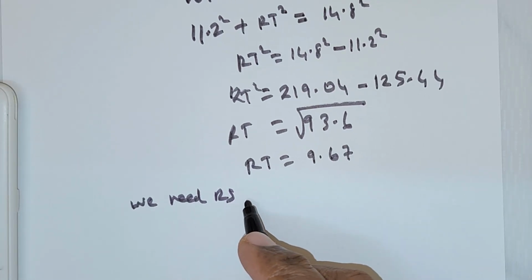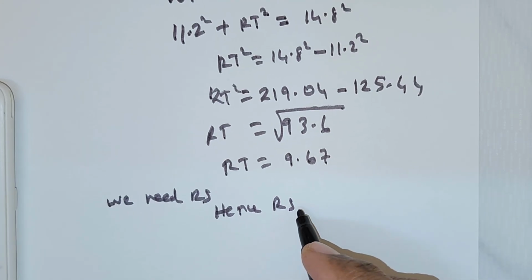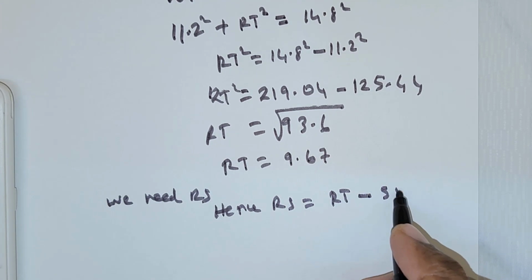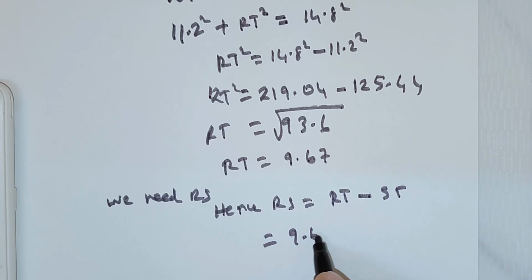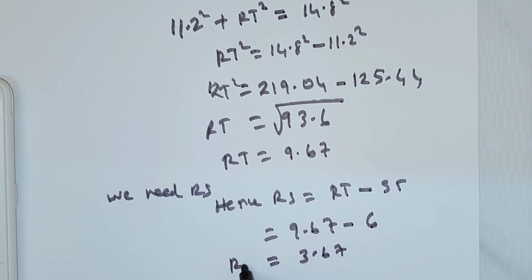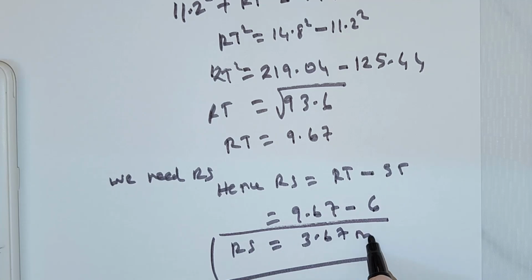But what is RS? RS is actually from RT you take away ST, so that would be 9.67 minus 6. ST is 6, so this is going to give you 3.67. So this is the value of RS, so 3.67 m.